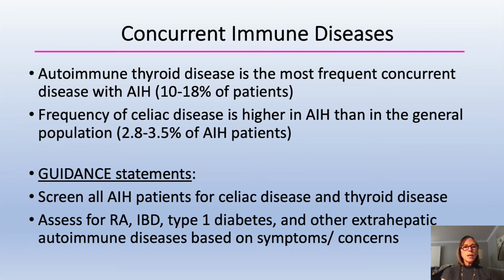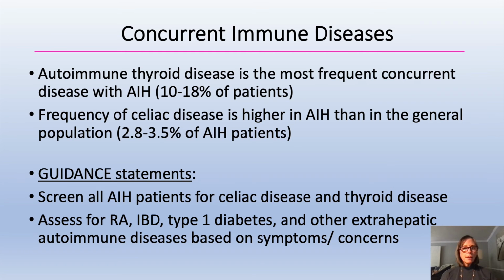The most common concurrent immune disease with autoimmune hepatitis is autoimmune thyroid disease, and this occurs in anywhere from 10 to 18% of patients. Celiac disease frequency is also significantly greater in autoimmune hepatitis compared to the general population, and approximately 3% of autoimmune hepatitis patients will have celiac disease or develop celiac disease.